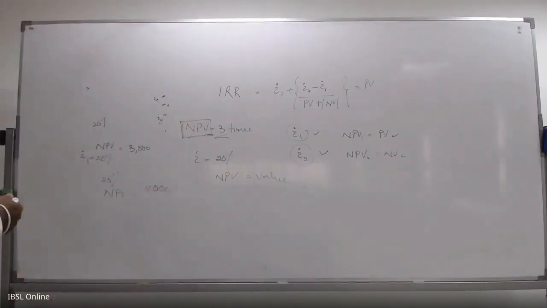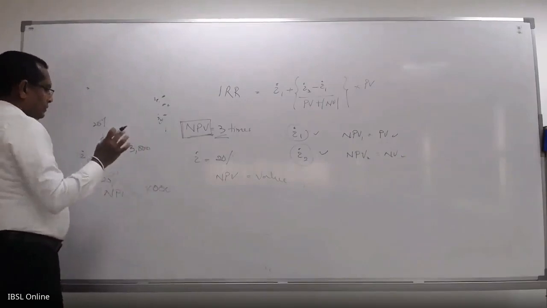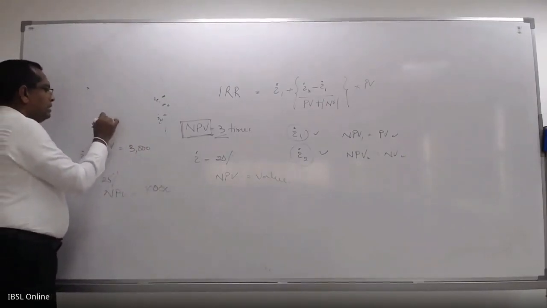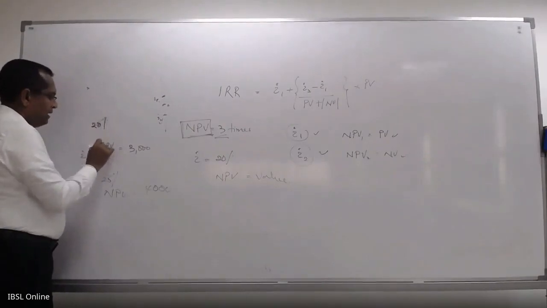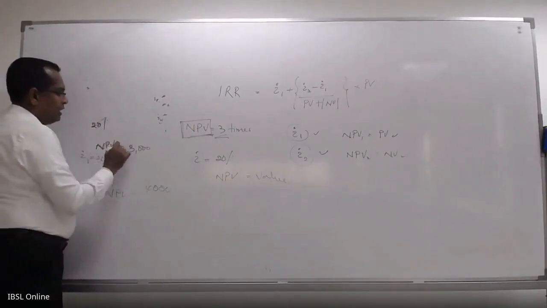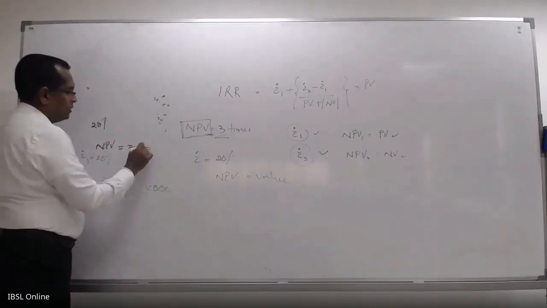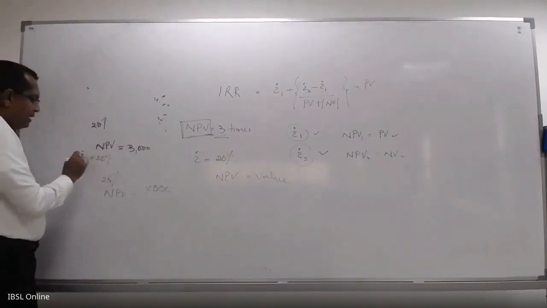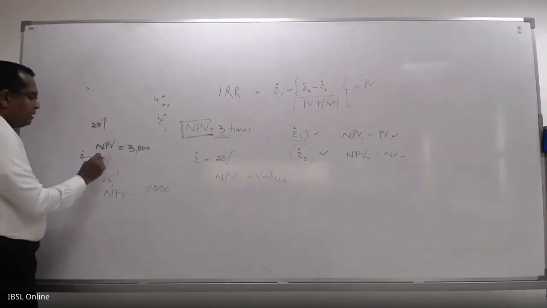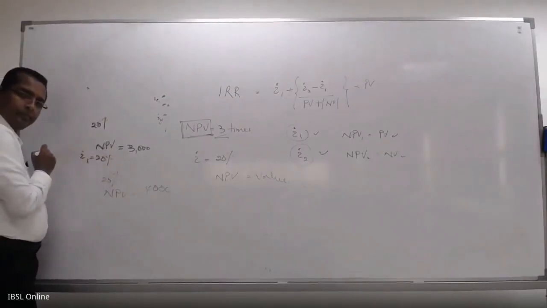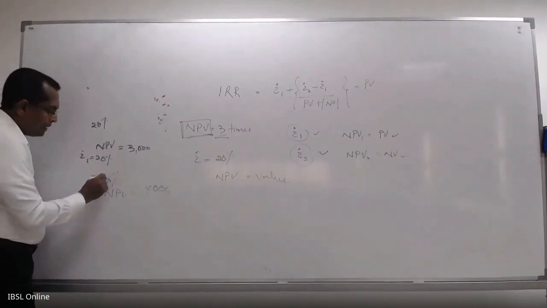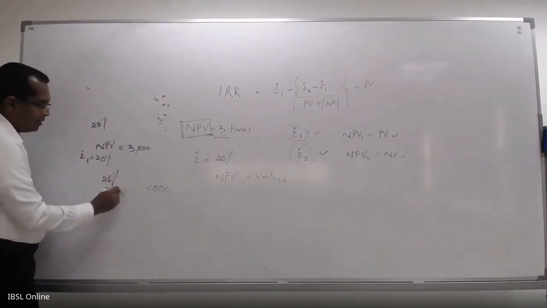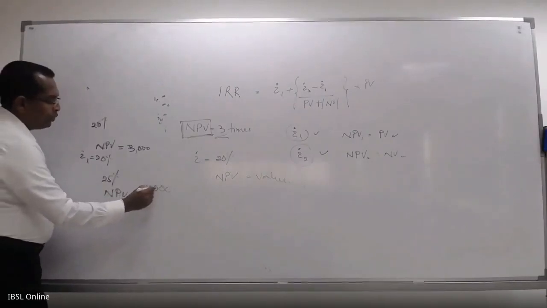You can see this place. At 20%, find out NPV. So it is 3000. Right? So you can take I1 equals 20%. Now you apply 25% to NPV. Then it comes to 4,000.